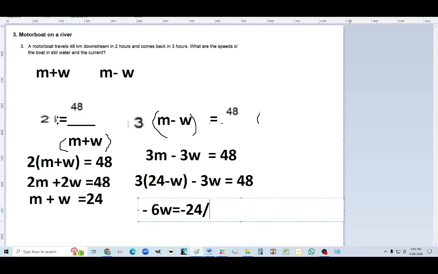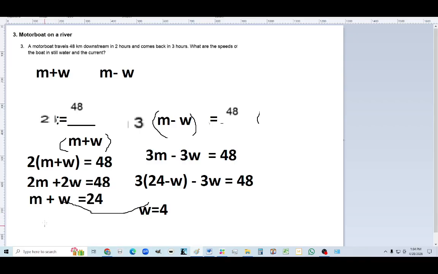You divide by minus 6 on both sides. Wind speed is equal to 4. Then you take that and put it in your simplest equation right here. We had m is equal to 24 minus wind, so minus 4. m is equal to 20. You should get the same answer no matter what.